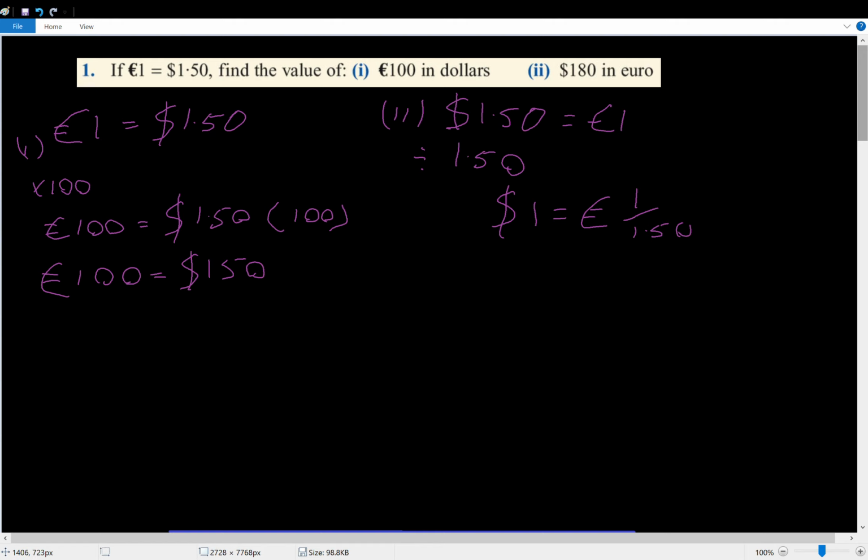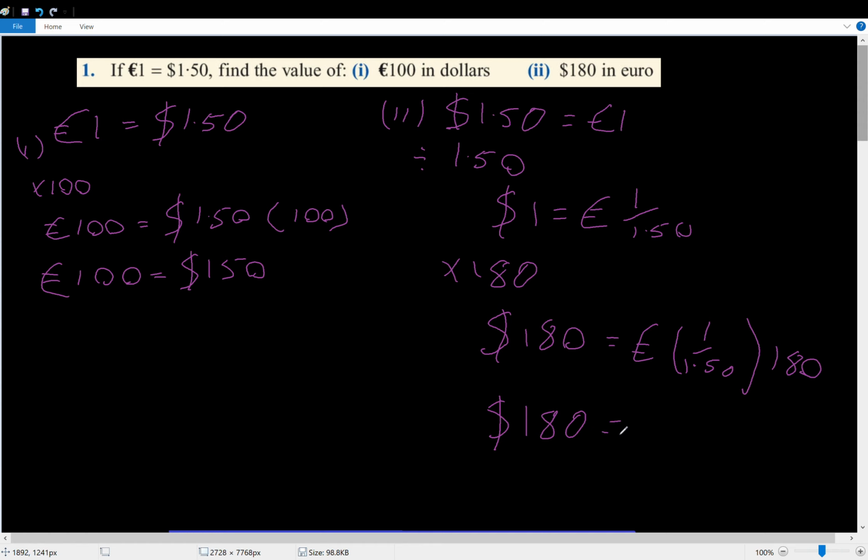And since we're looking for $180, we're going to multiply both sides now by 180. So we get $180, and that's equal to 1 over 1.50 multiplied by 180, which means $180 is going to be equal to 120 euro, like that.